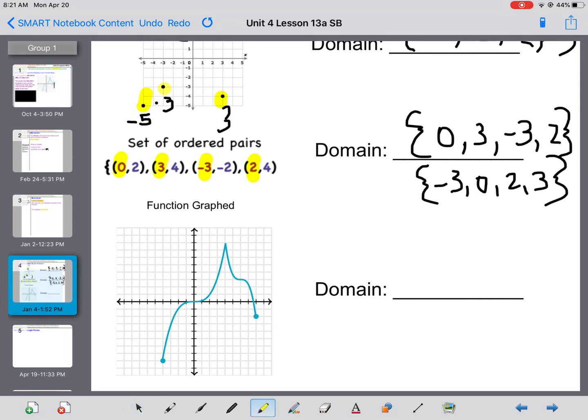So we care about the x values of this entire graph. So this entire graph starts at this x value specifically and goes all the way from left to right, so it includes all these x values until it reaches this x value.